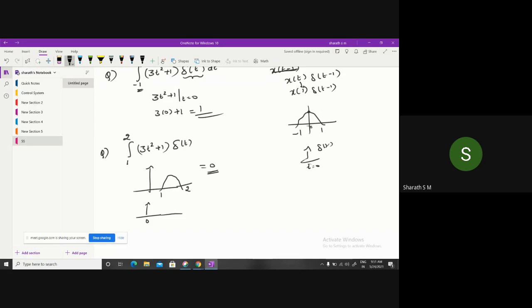Conclude the statement: because the impulse delta of t does not exist in the interval 1 to 2.